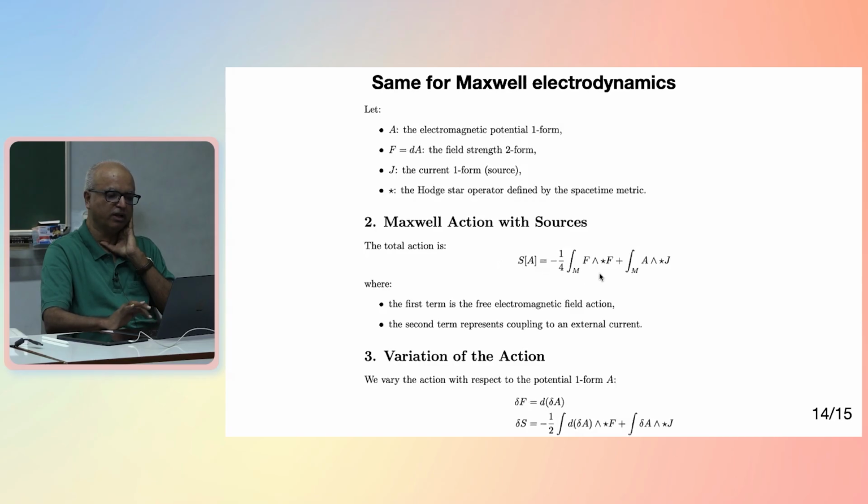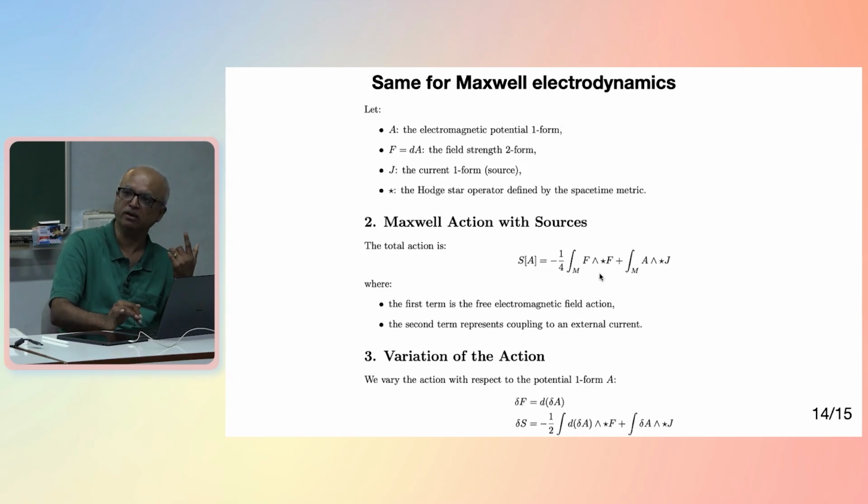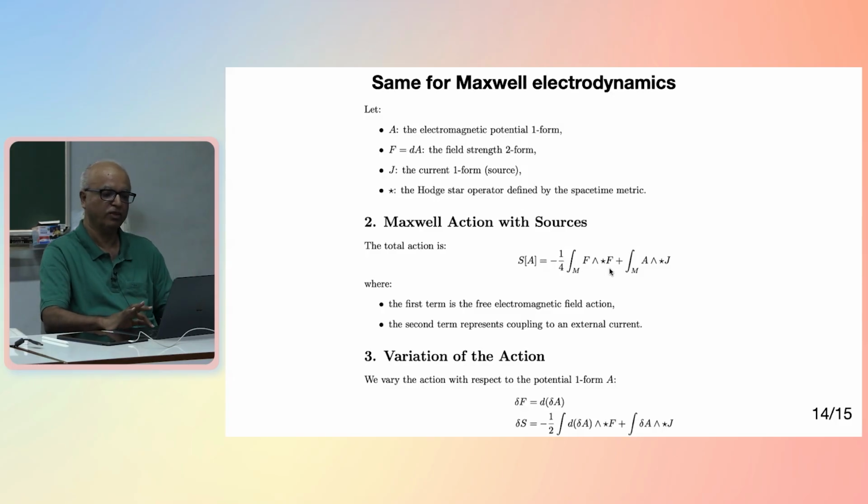This is the Maxwell action. It's F squared, F_mu nu, and in the differential form notation, it's F wedge star F. This is the coupling of the vector potential to the current. So star J is the current 3-form. So compare this action with that for general relativity. The first term is the free electromagnetic field action.